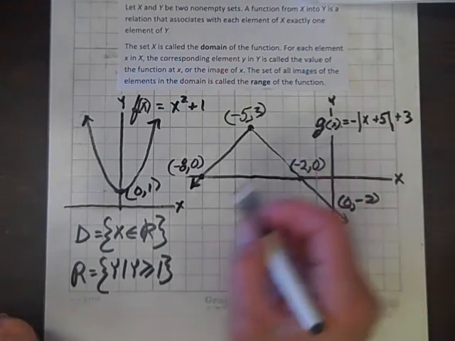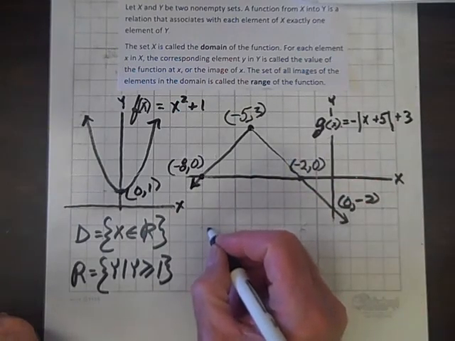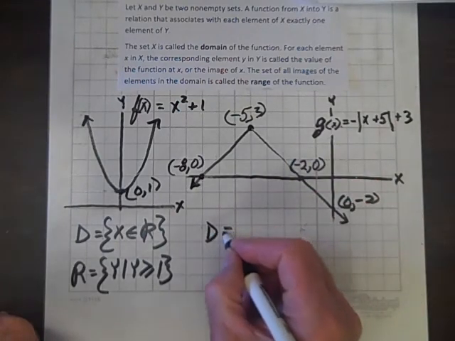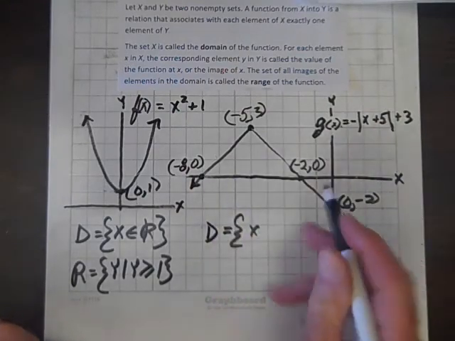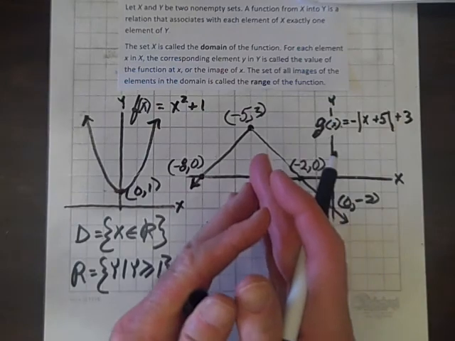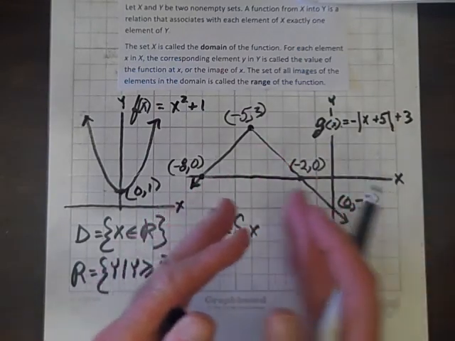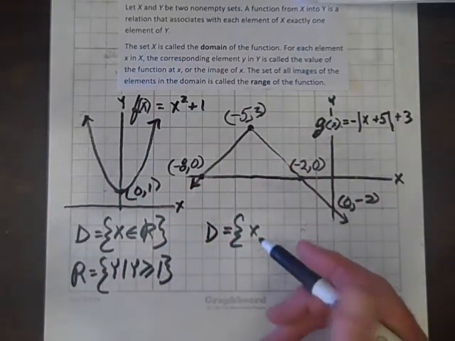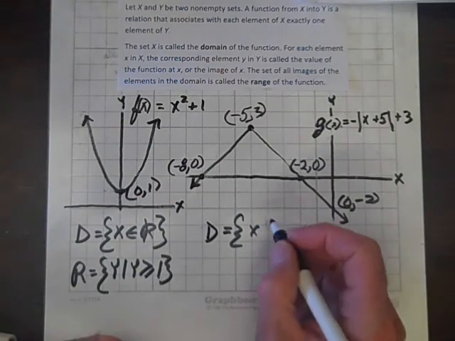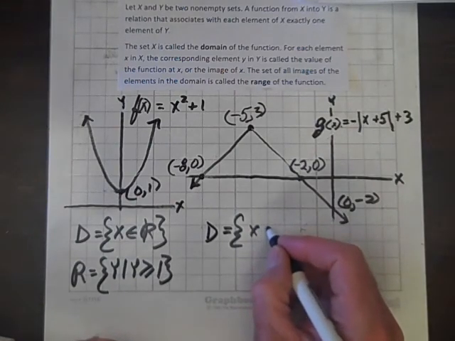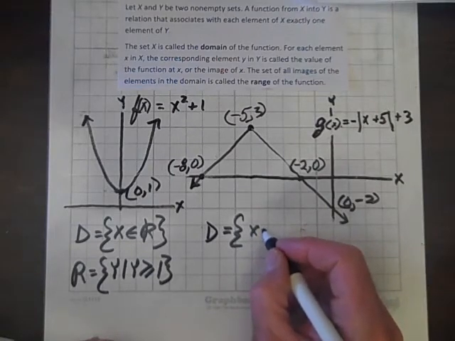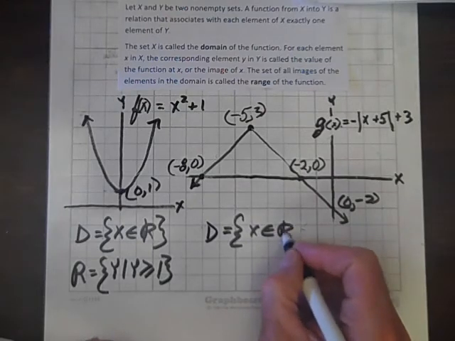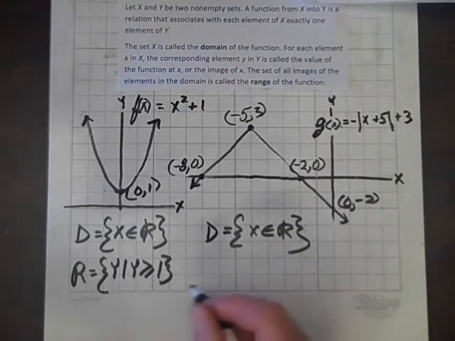Now for our absolute value function, the domain equals x, and again the arrows indicate that this function is not only going down forever, it's also spreading to the left and to the right forever. So every x, or every real number, is a candidate for x. So our domain is the set x such that x is an element of the reals, or all real numbers.